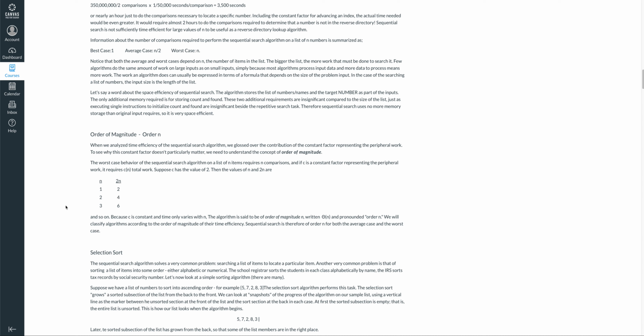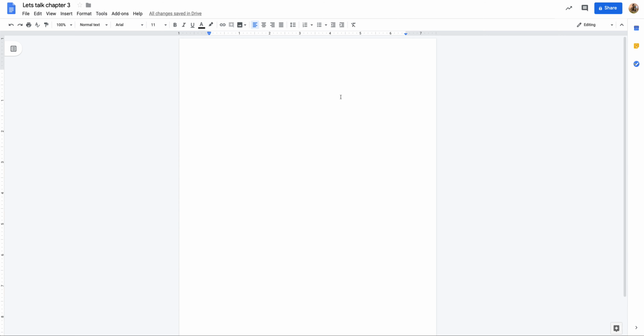Let's say I have some list sorting program with 5 items. I know that it'll take me n squared minus 4 steps to sort my list.